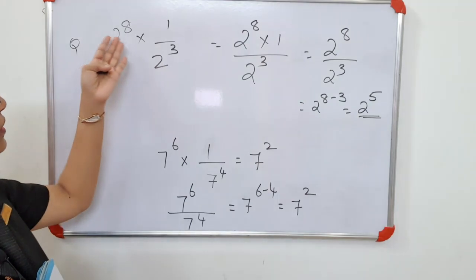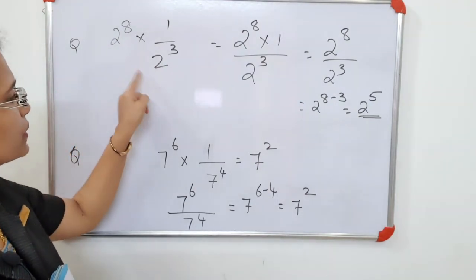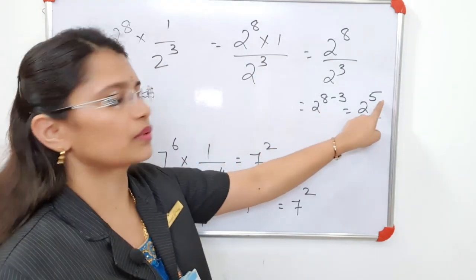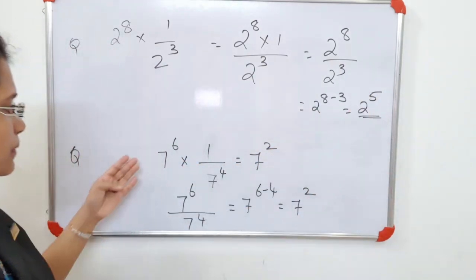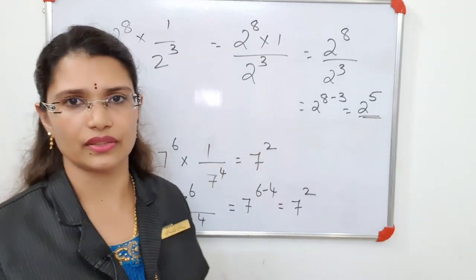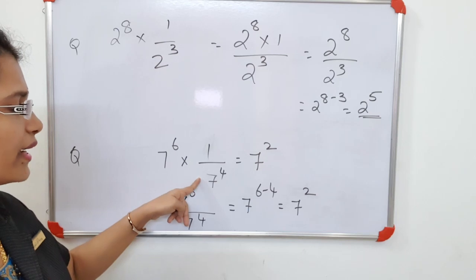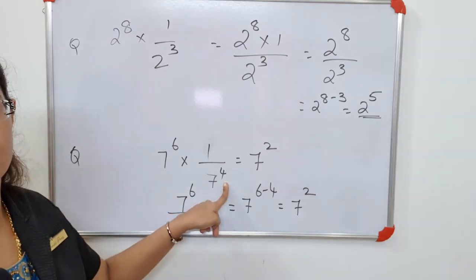The same question you can write like this: 2 raised to 8 into dash is equal to 2 raised to 5. So same like that, 7 raised to 6 into dash equal to 7 square. So you can just write 1 by 7 raised to 4.